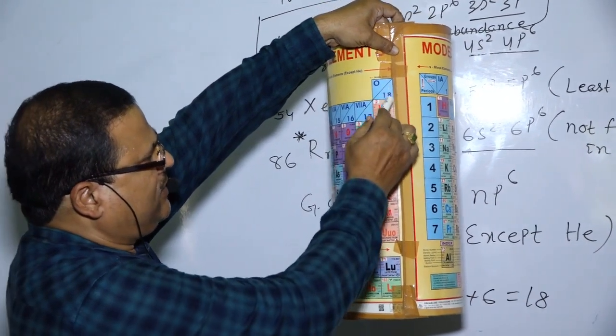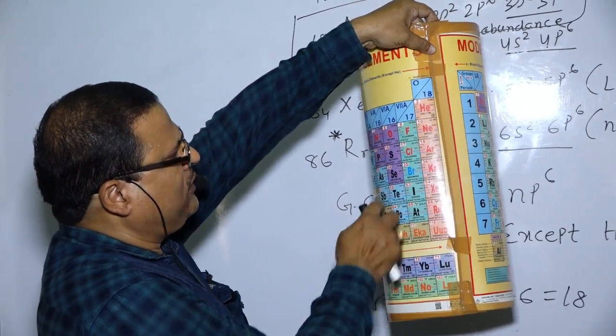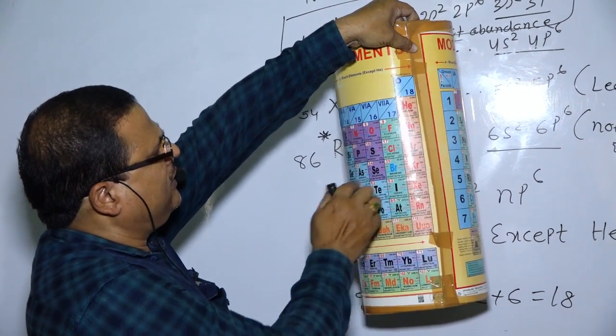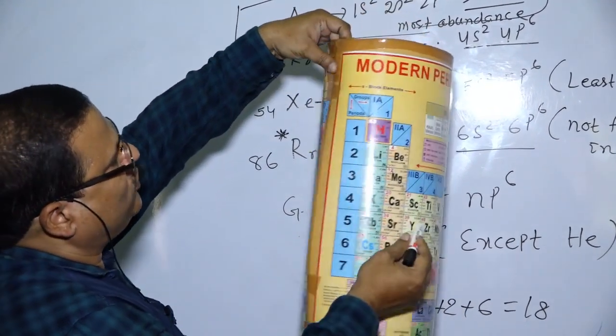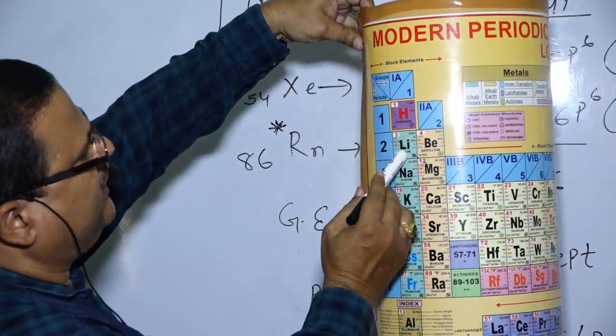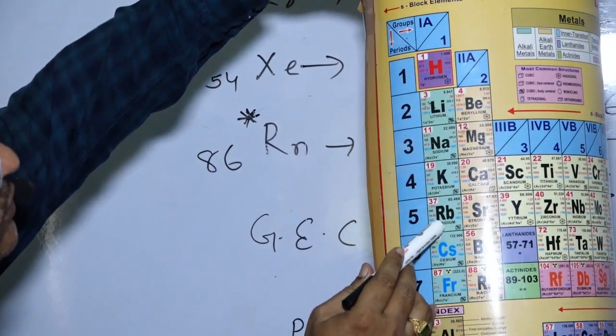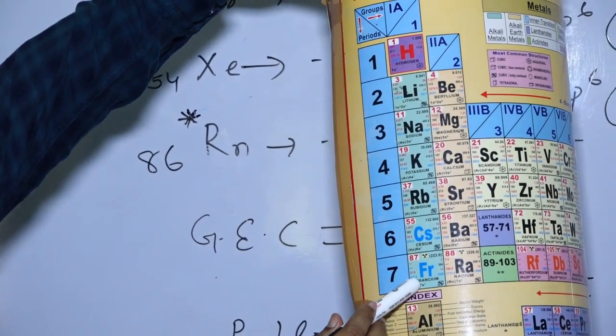Before that group is group 17: fluorine, chlorine, bromine, iodine and astatine. After that group is group 1: hydrogen, lithium, sodium, potassium, rubidium, cesium and francium.